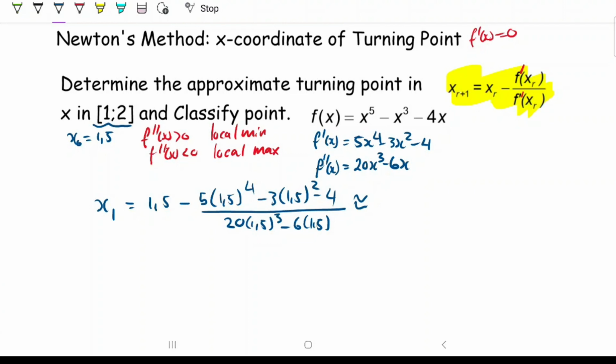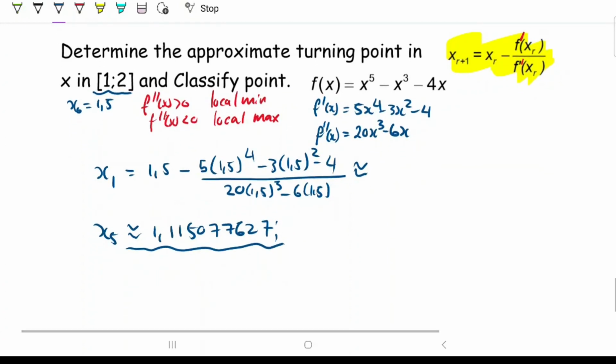The way I've calculated this, it converges after about 5 iterations and starts giving me the same answer. You can plug that answer into your calculator, and this will be the x value of the turning point. You can also get the y value of the turning point if you want, especially if you're asked for the 2 coordinates.